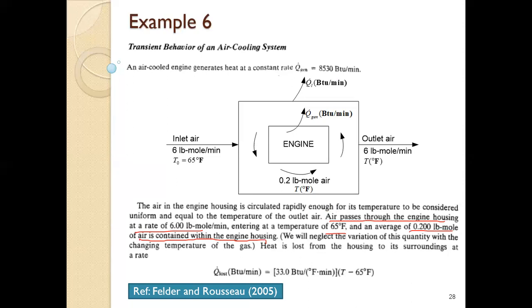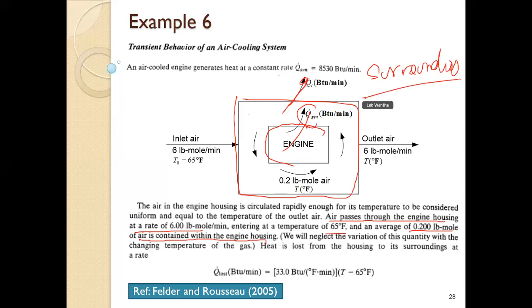And sometimes we have heat loss from the housing. We have heat generated by the engine and heat loss from the housing. We have the engine inside the housing, heat generated, and also heat loss to the surrounding environment.